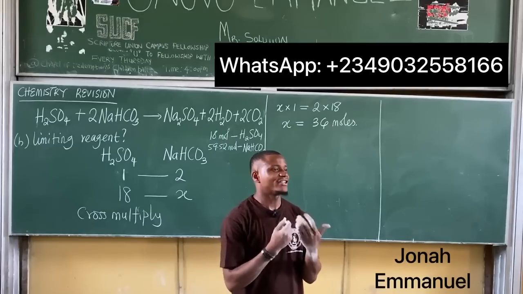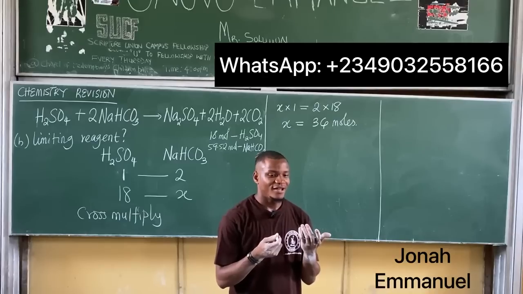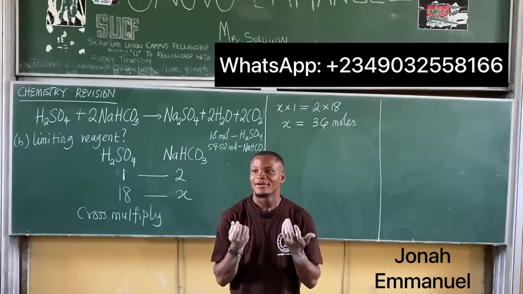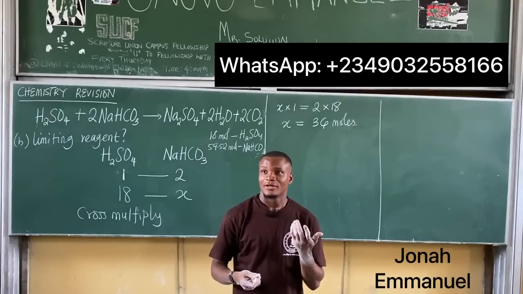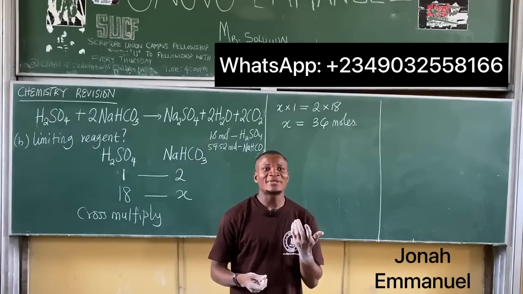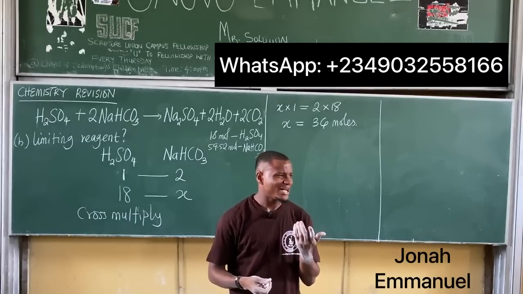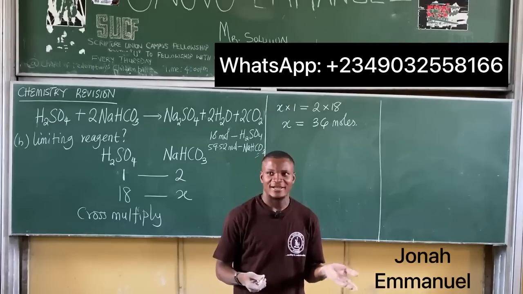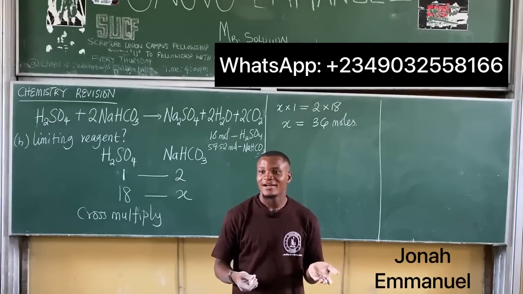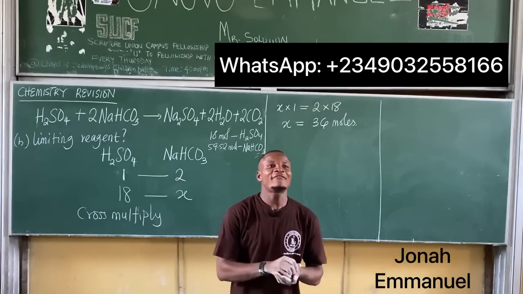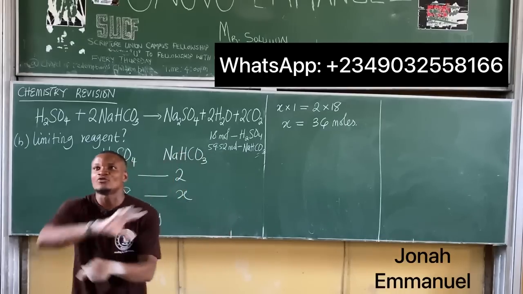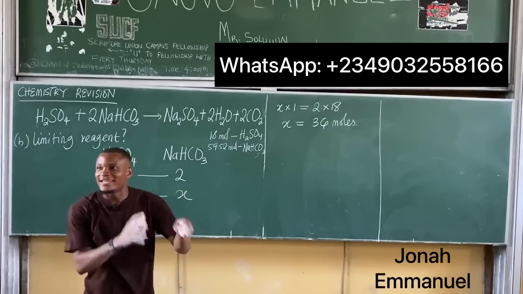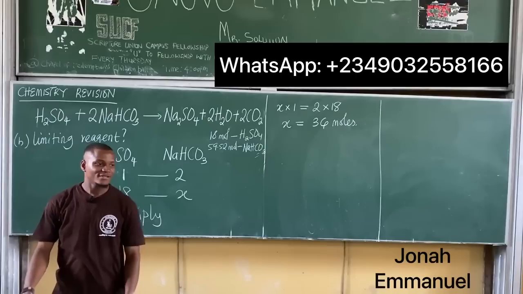Is that a synonym? However, that's just English. How many times do you see however in a chemistry textbook? It's rare. Therefore is the final answer. When you've done the whole thing, you now say therefore, you end it.